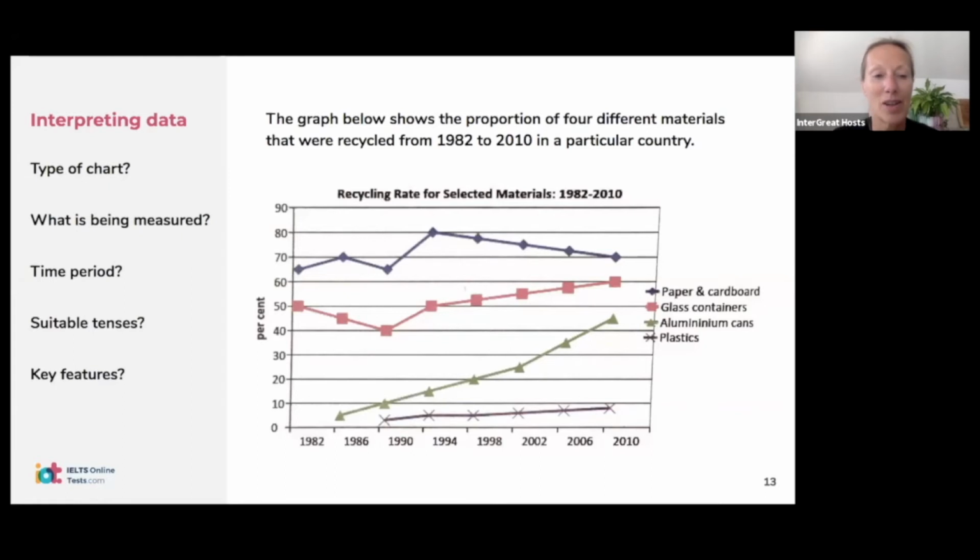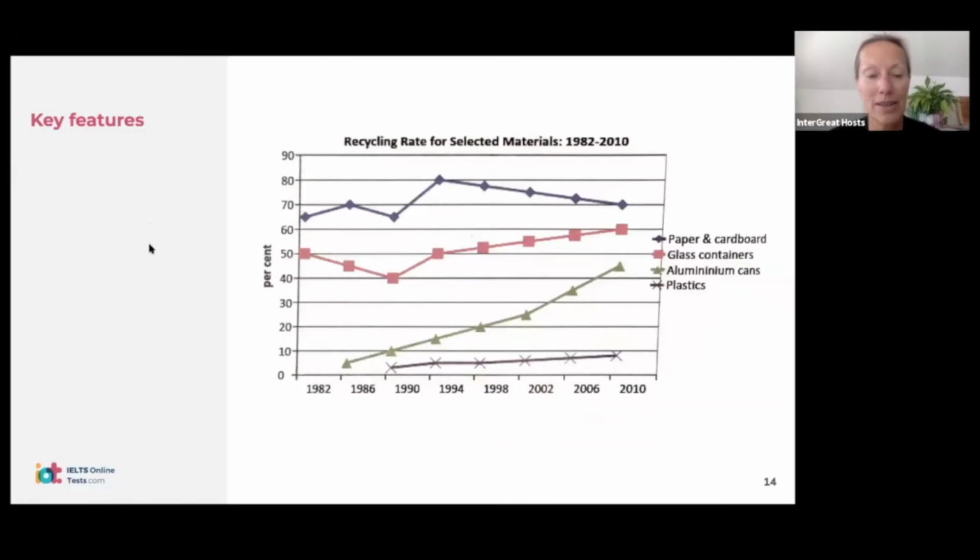Yeah, they're rising over the years. Yeah, recycling percentage. Yeah, so things like this. So Shiva's saying plastic has the lowest recycling rate. So you're really looking for the key features, right? The things that, for example, the main trends, patterns, and events. Okay, this is what people find quite difficult.